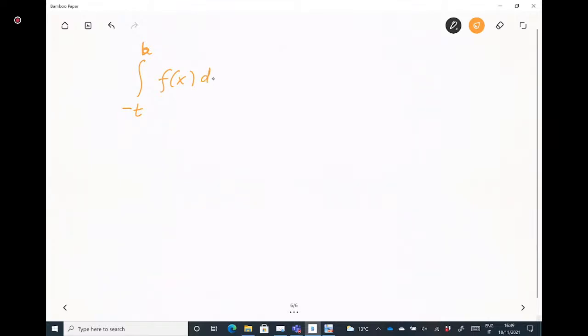By a property of the integrals, this is equal to the integral between b and minus t of f of x dx, with a minus sign in front.